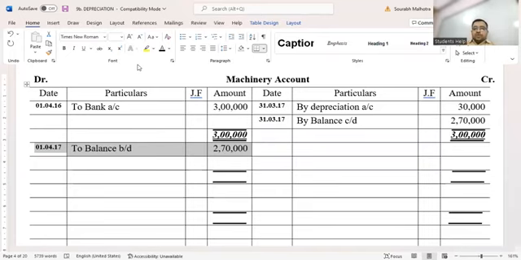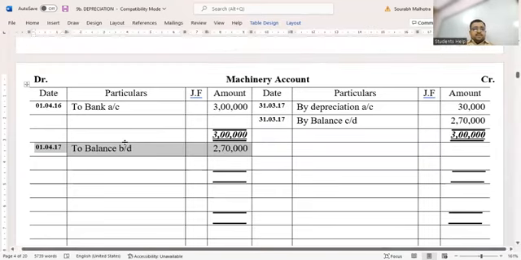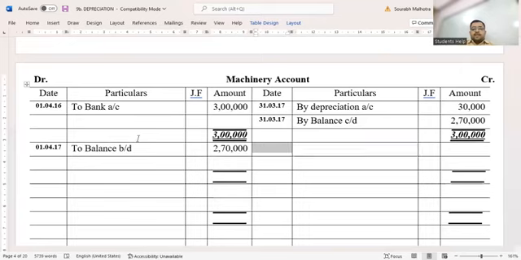Now the story has a twist. The year which starts on April 1st, 17, children, would certainly end when? 31st March 2018. What's the journal entry for charging depreciation? Depreciation to machinery. Had it been depreciation account, we could have written to machinery, but this is not that.